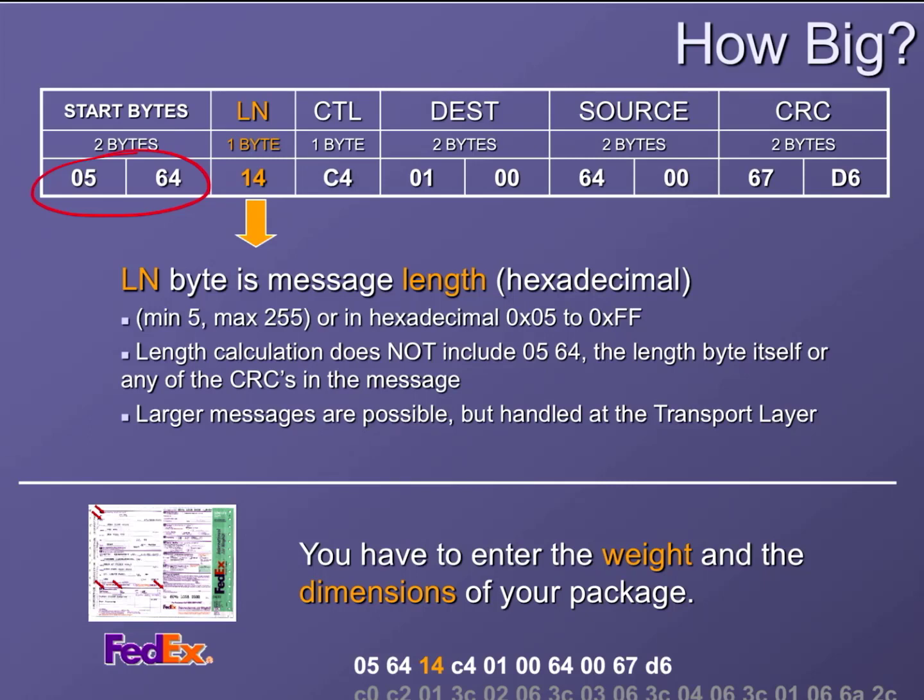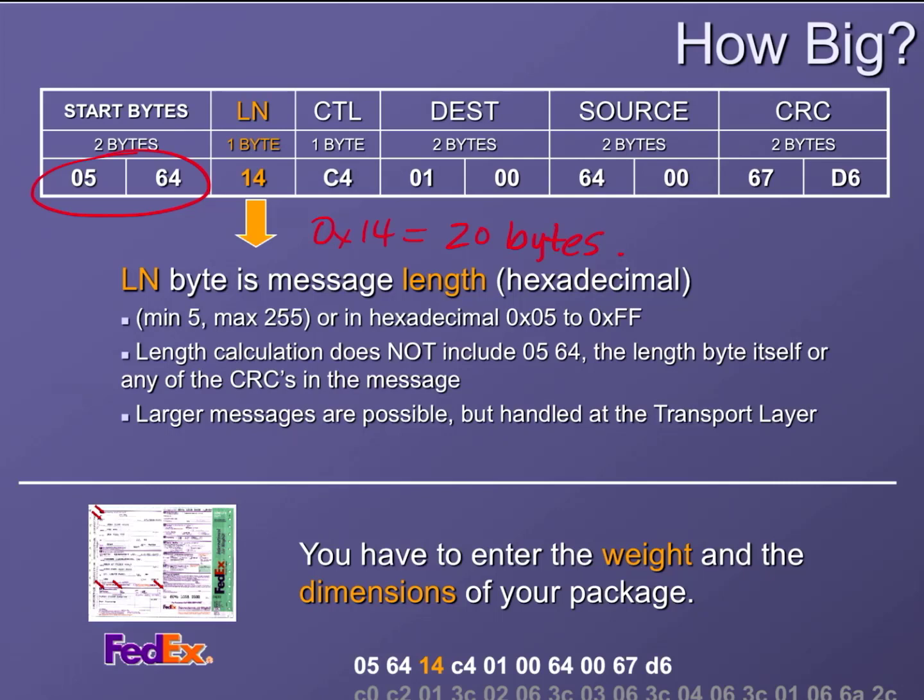But the length byte, which is in hexadecimal, is indicating the numbers as we know them in order to count the number of bytes in the message. So this is an example of where we have to convert 0x14, the hexadecimal value of 14, to a decimal equivalent. And in this case, that would be 20 bytes in the message, right?